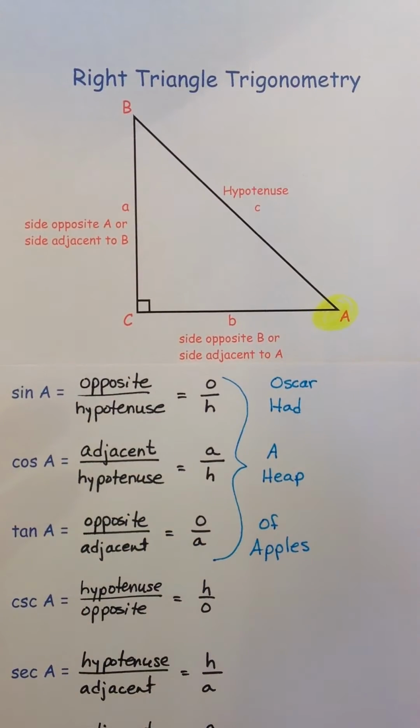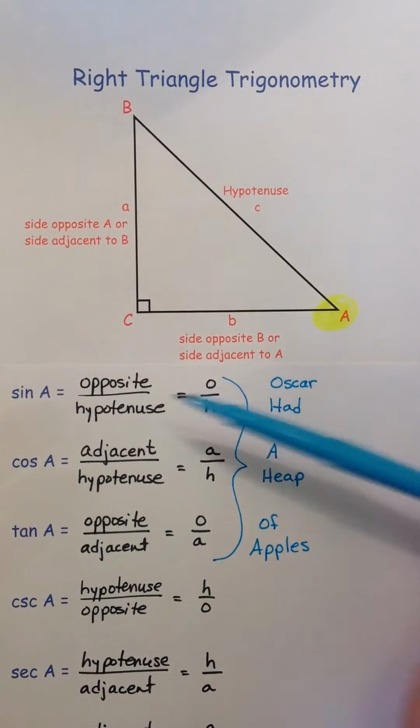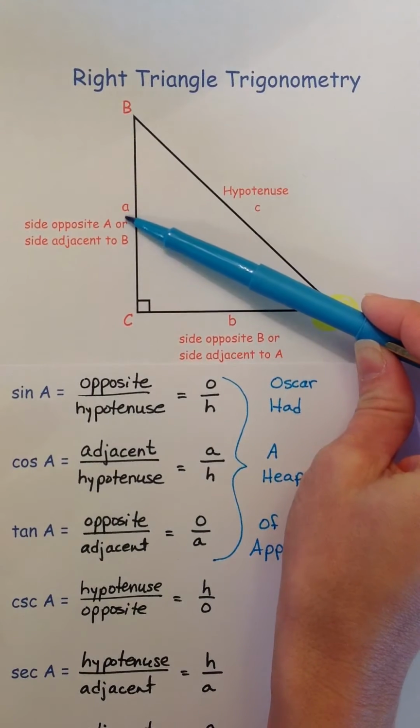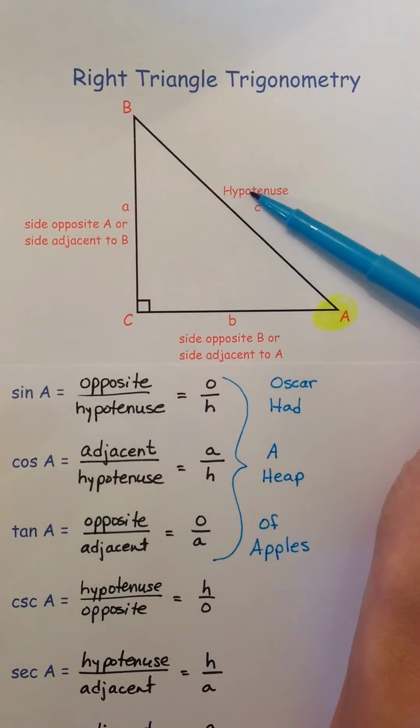Okay? So just running back through it again real quick, because when I was defining this, I didn't actually use the picture. If you were asked to find sine of angle A, you'd have to go to that angle on your picture, and the opposite side for angle A would be here, and of course this is your hypotenuse.